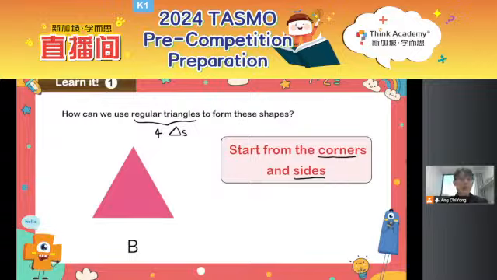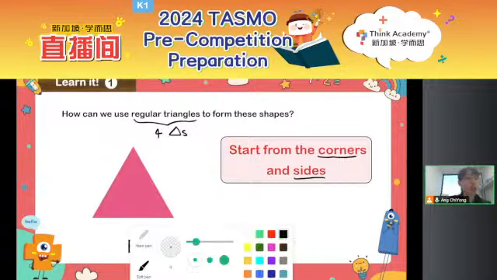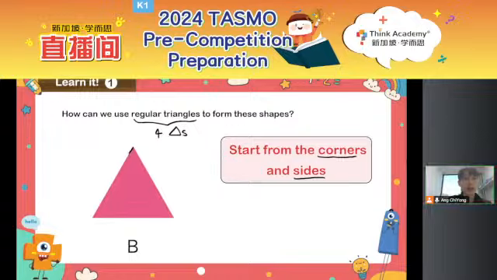Okay, my first hint to you would be to start from the top. Let's form triangles like this. From my corner, I can make two sides like this. How can I form my first triangle here?